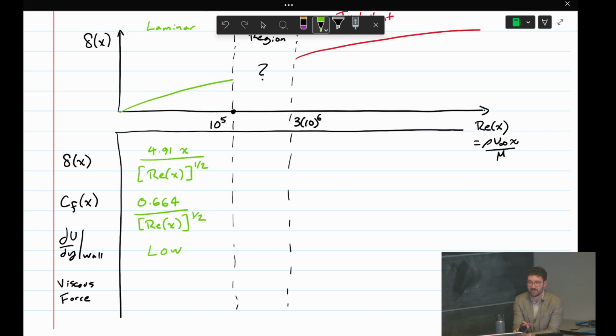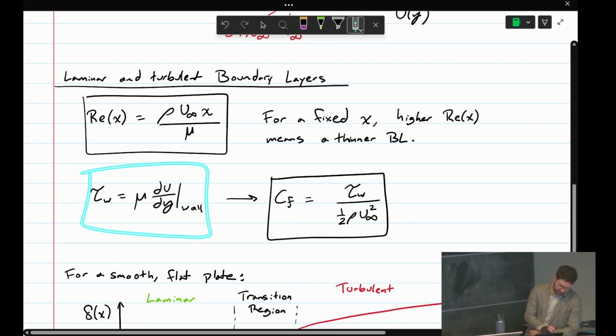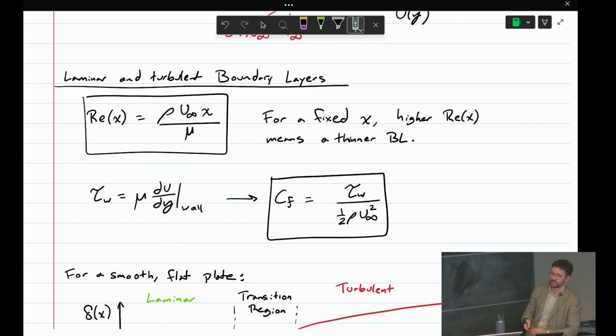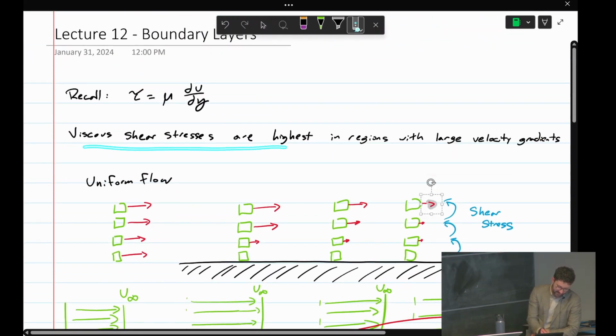So for a fluid, we don't really have static friction. So the viscous force is related to the shear stress, right? The shear stress is mu times the velocity gradient at the wall. So at the start of the lecture, I said viscous shear stresses are highest in regions with high velocity gradients.